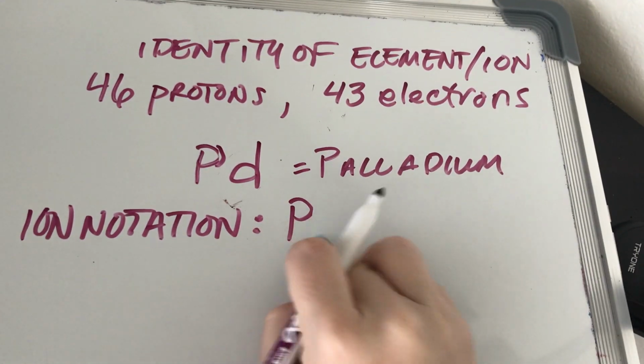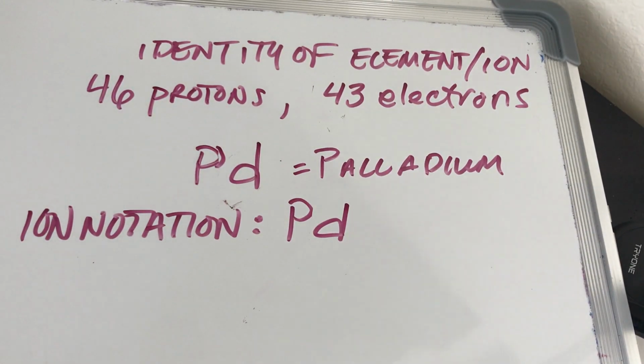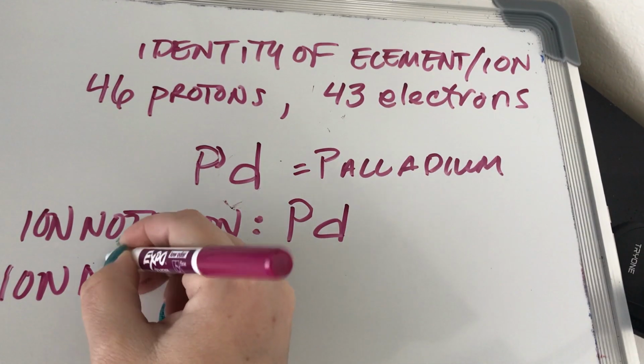PD, there it is. And then is it just the Roman numeral after that for the ion notation, or is that something different? That's for the ion name. Gotcha. We'll do that one next.